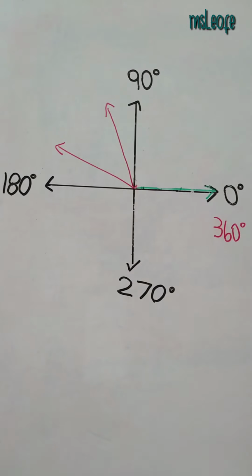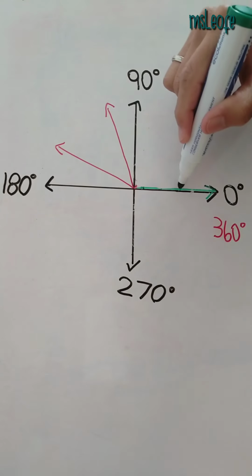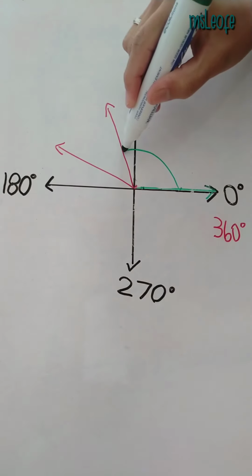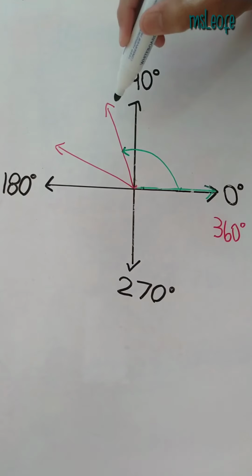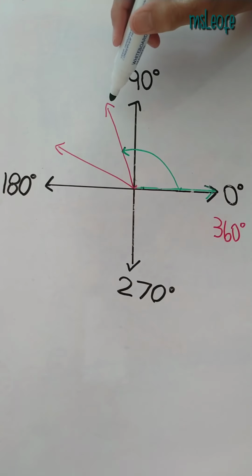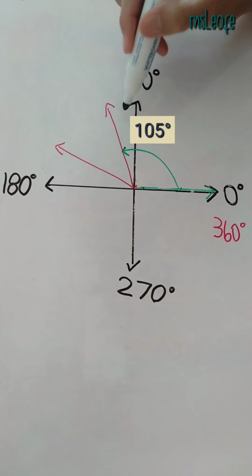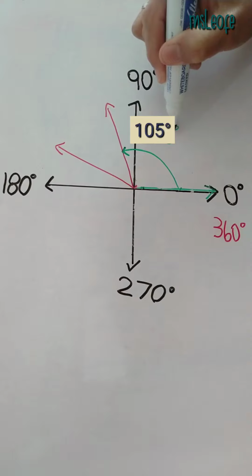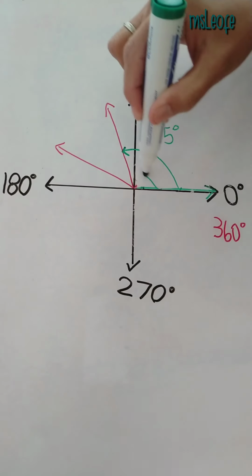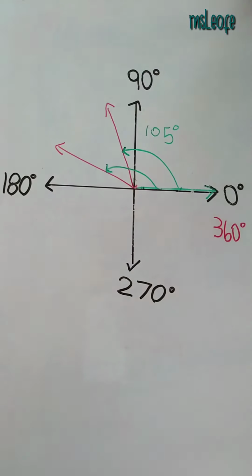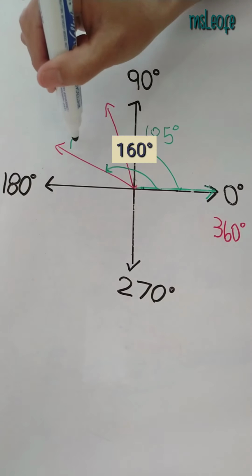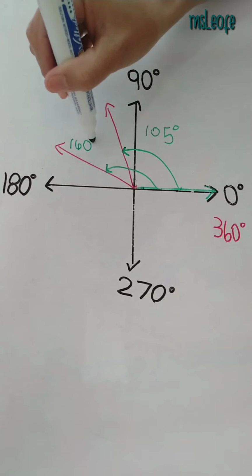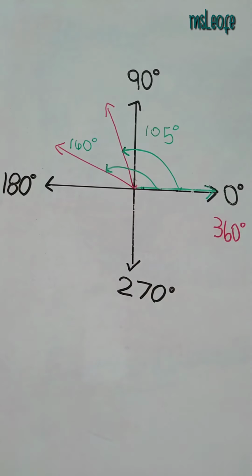When you measure this angle, you start here from 0 up to there. Maybe this angle is about 105 degrees. And the second one over here is about 160 degrees. So these two angles are obtuse angles.